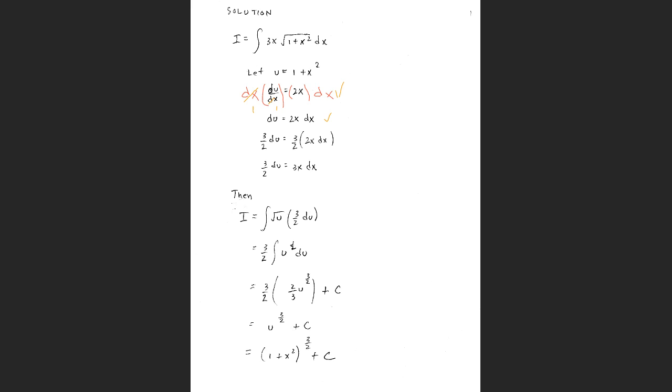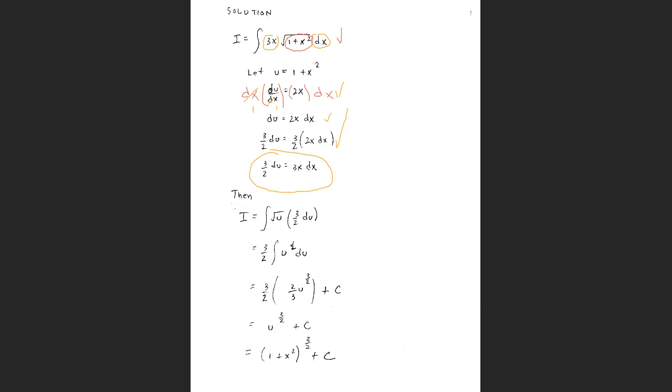But remember what I want here. I want 3x times dx. So if du is 2x dx, I'll multiply that equation by 3 halves. And this means 3x dx is 3 halves du. See that? And so now everything in this integral is accounted for.